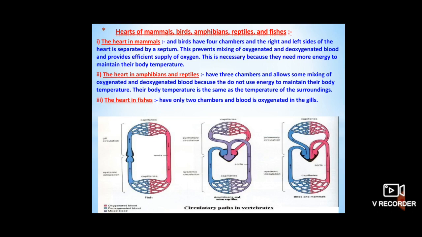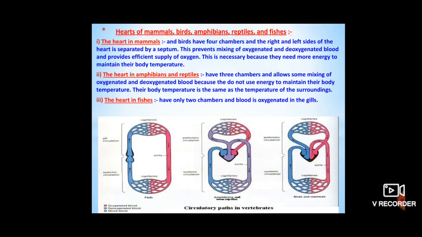That's why only in mammals and birds it is necessary to separate the oxygenated and deoxygenated blood, because in mammals and aves various metabolic activities take place, and they need to maintain a sufficient body temperature, and mammals and birds have a complex body design.